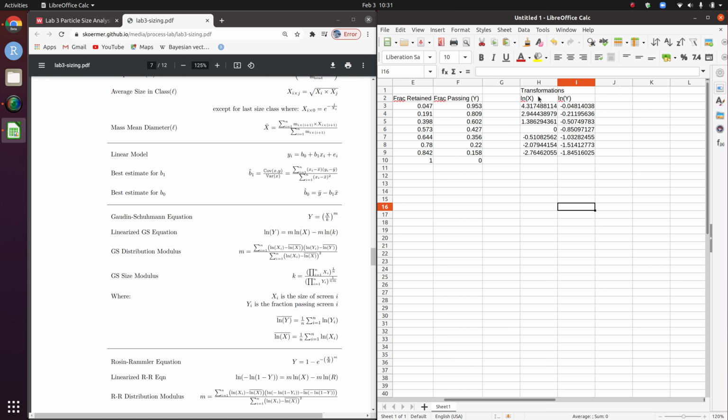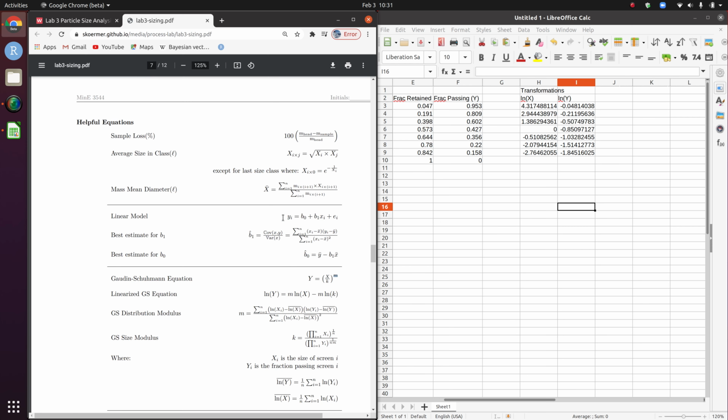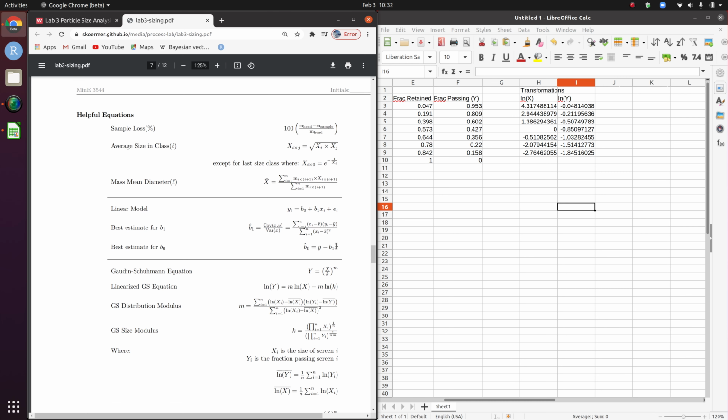So now that we've taken the ln of x and ln of y, we're working with this linear equation. As you can see, m, it's the same m as here, is just like a slope in a line. Here are equations for fitting a linear equation given a data set. You could see for the slope, this b1, it's the covariance of x and y over the variance of x.